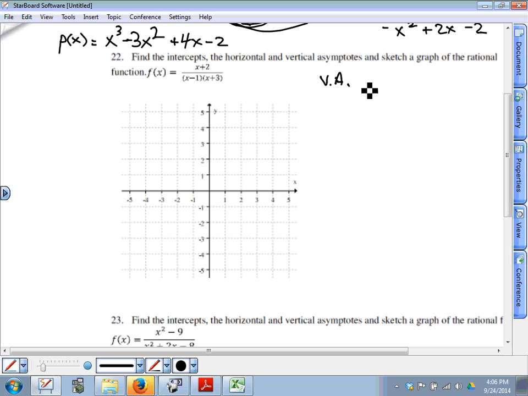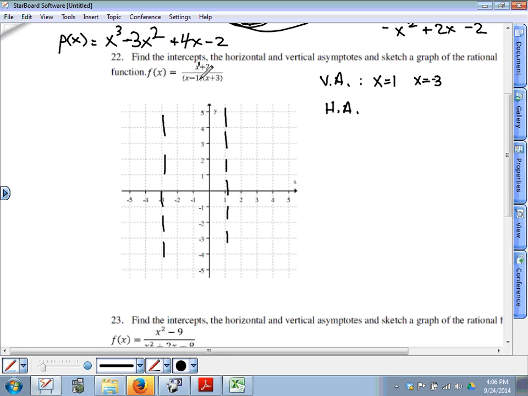So the vertical asymptotes are the domain restrictions. x cannot be 1, so there's a vertical asymptote right there, x equals 1. x cannot be negative 3, so there's another one, x equals negative 3. Now the horizontal asymptote is found by comparing the degree of the numerator, which is degree 1, to the degree of the denominator, which is a little hidden.